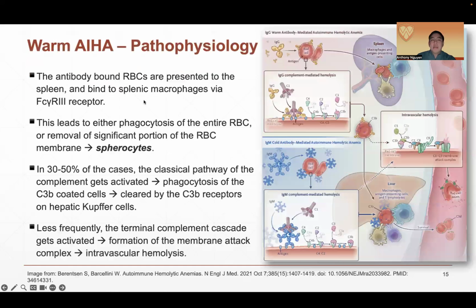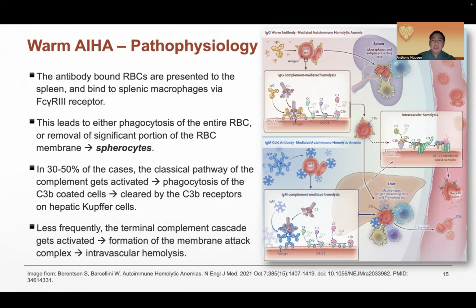And the antibody-bound red cells, typically IgG, are presented to the spleen and bind splenic macrophages via the Fc gamma R3 receptor. And then this leads to phagocytosis of the entire red blood cells and removal of significant portions of red cell membranes. And this results in the spherocytes, the small red blood cells that do not have a central pallor that we looked at.